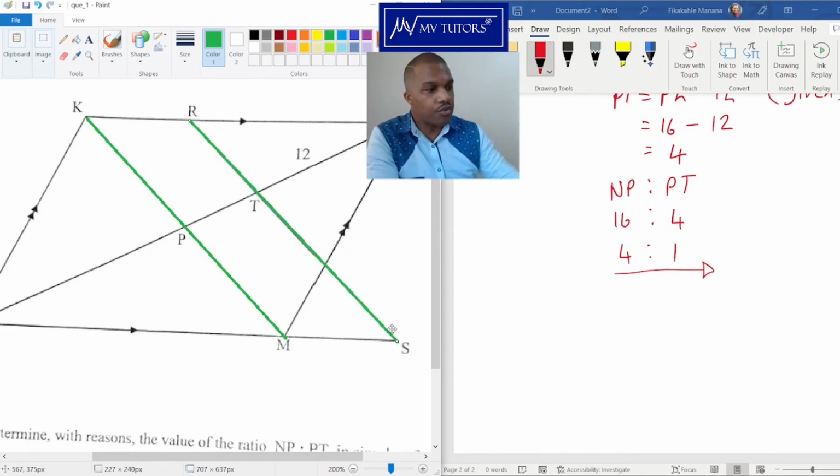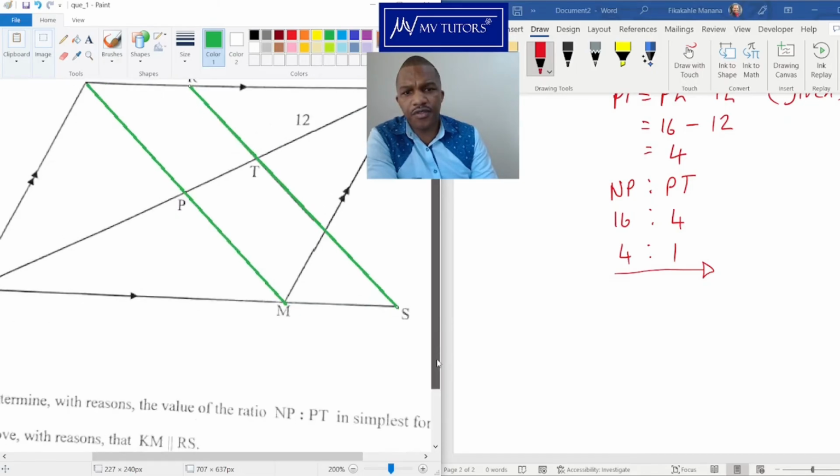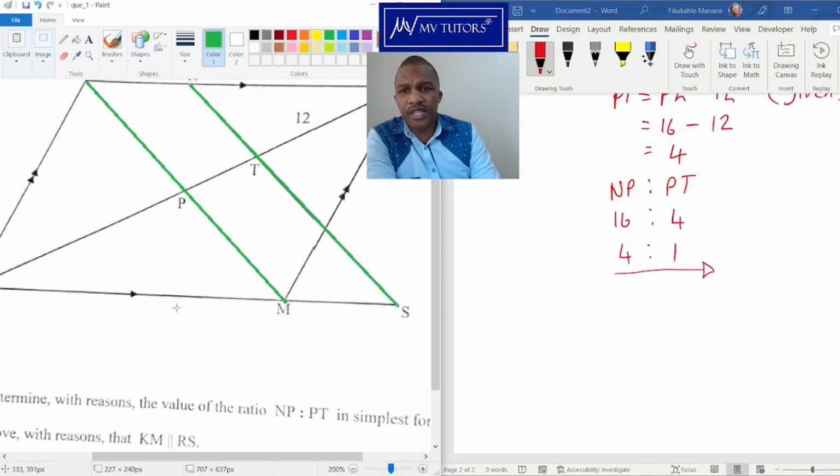So they want us to prove that those are parallel. If you remember, we were given that this ratio is 4:1, and we just solved this one to be 4 units and 1 over there.